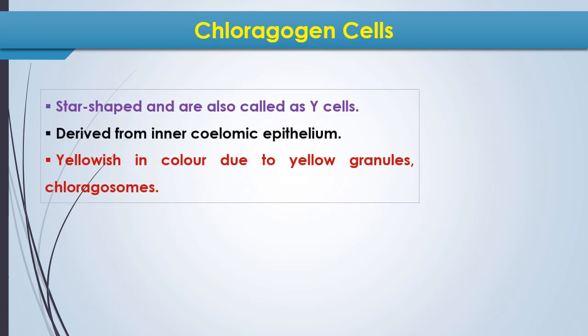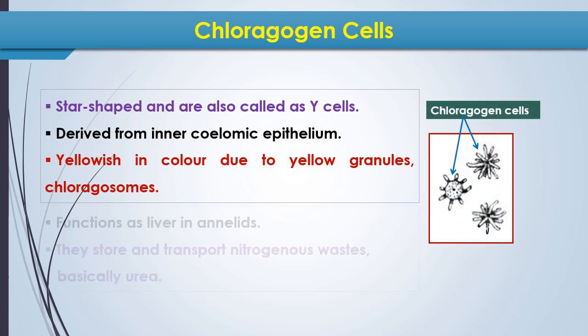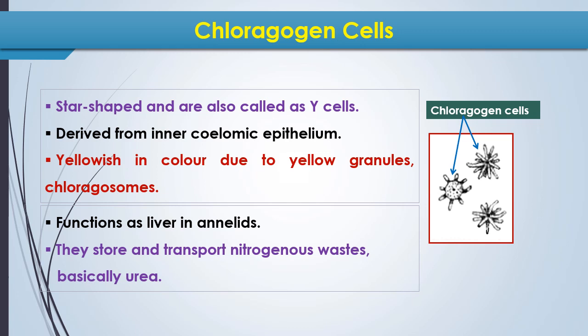Chloragogen cells. These are star-shaped and also called Y cells. These cells are derived from the inner coelomic epithelium with excretory functions. These cells are found in earthworms. They are yellowish in color due to the presence of yellow granules called chloragosomes.